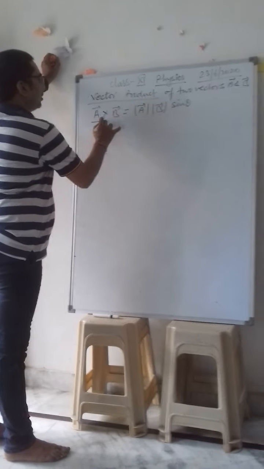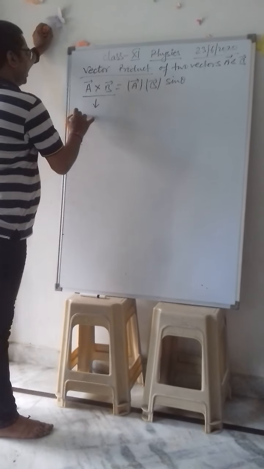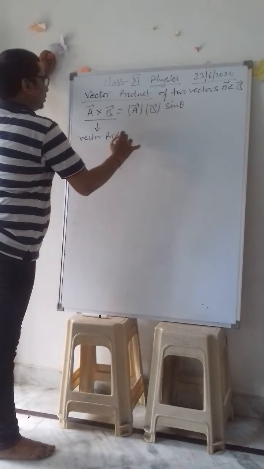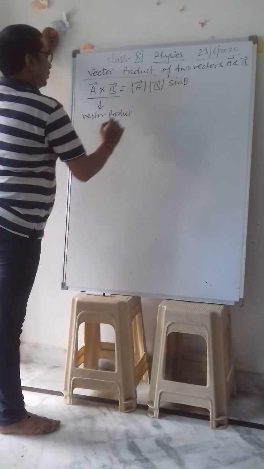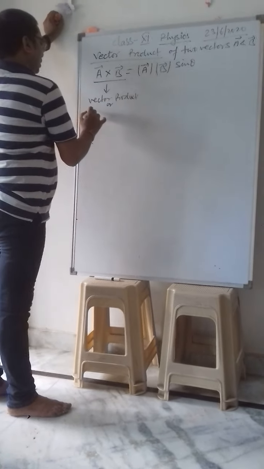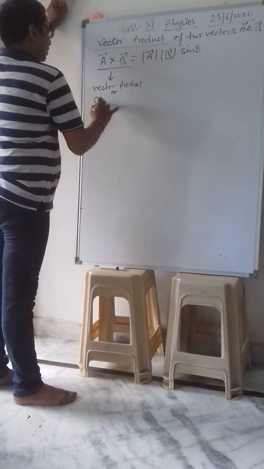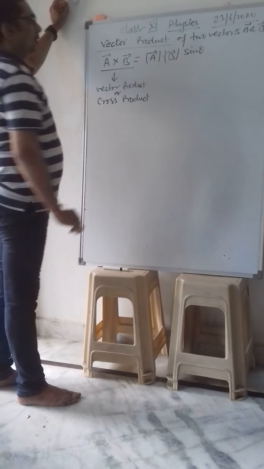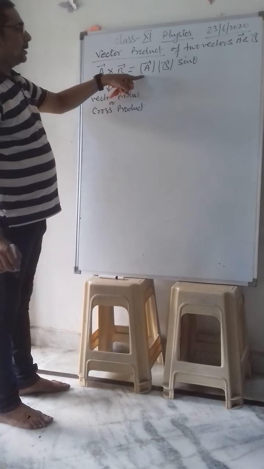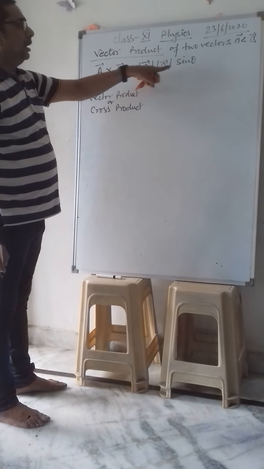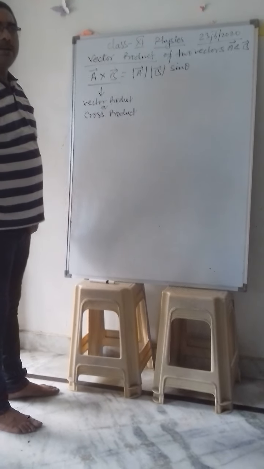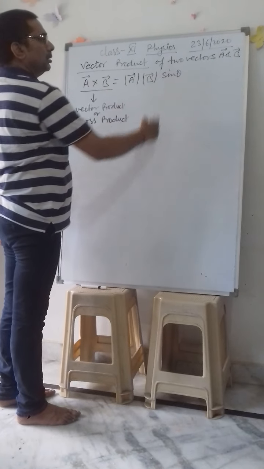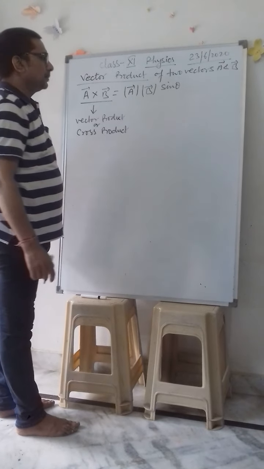This A cross B is called the vector product, or cross product. This is the mode of vector A, mode of vector B and sine theta, the sine of the angle between given two vectors.